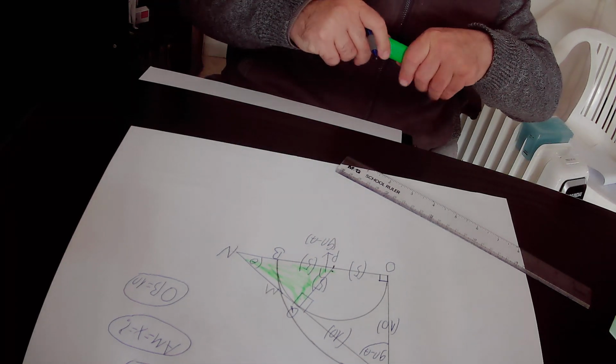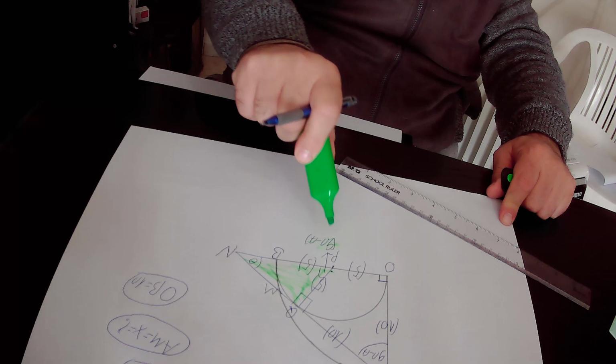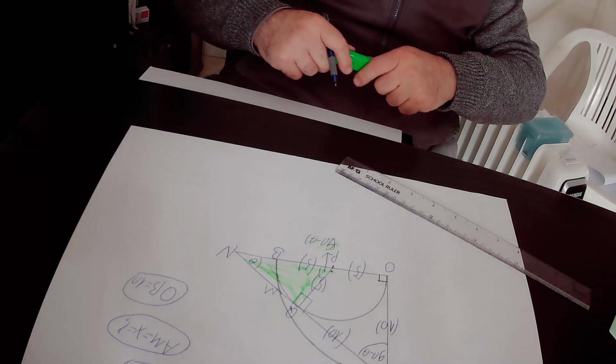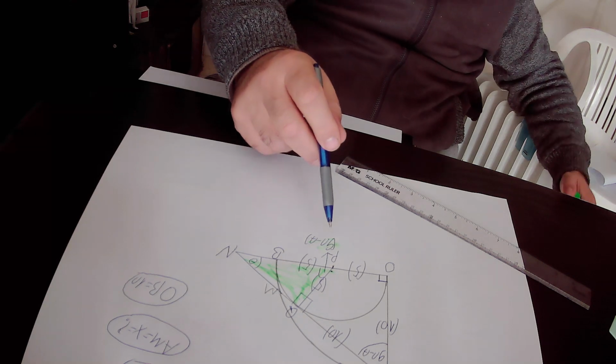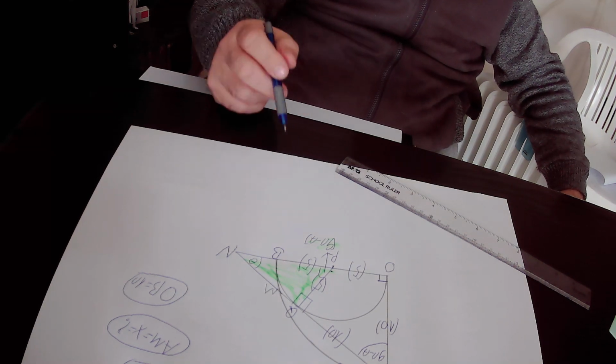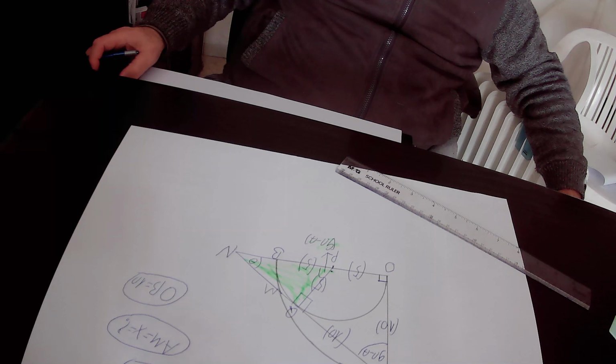Okay. In the next step, we'll prove that the right big triangle, triangle AON, is similar to the right small triangle, triangle QPN. So I write it down.